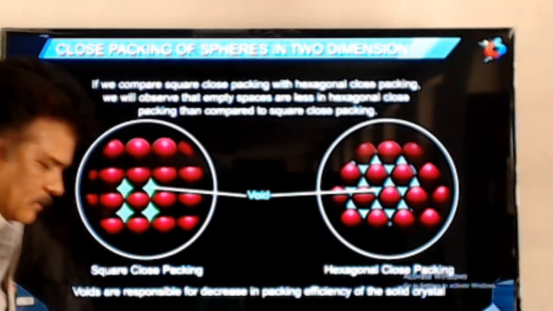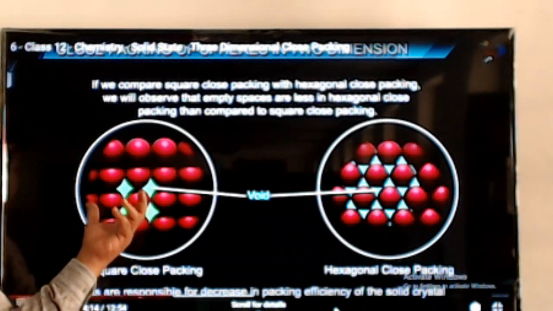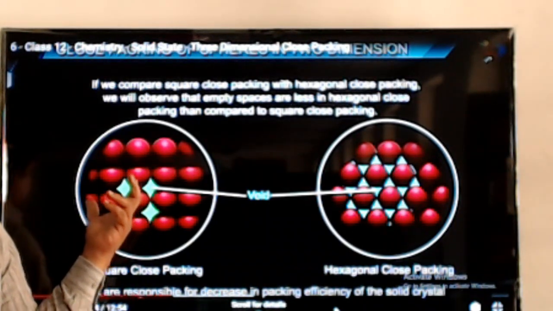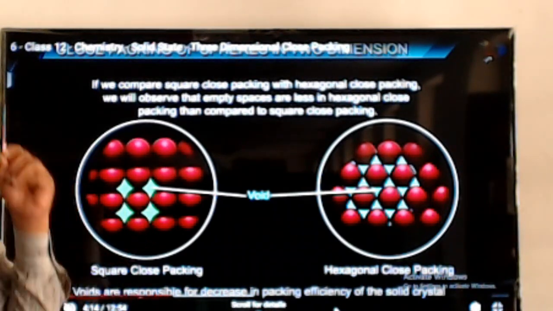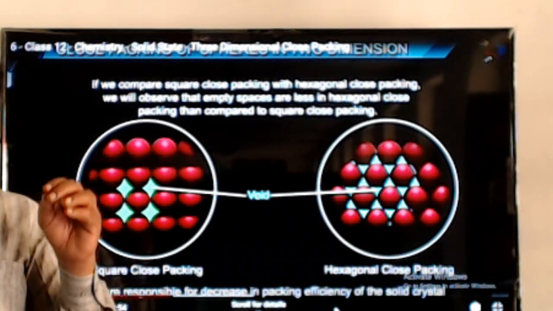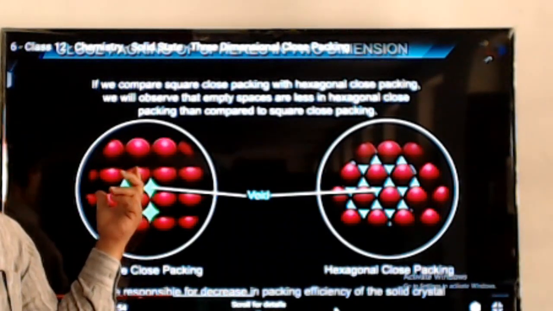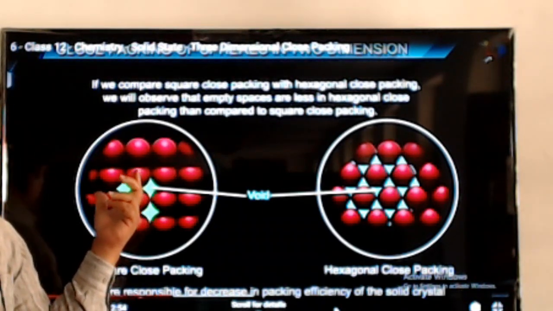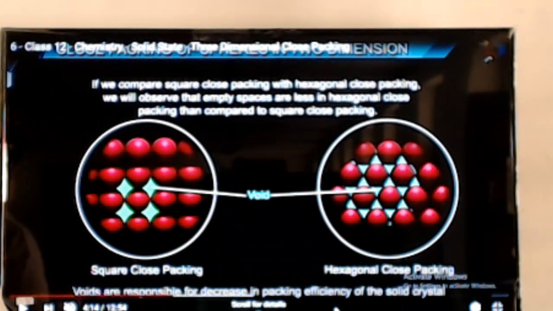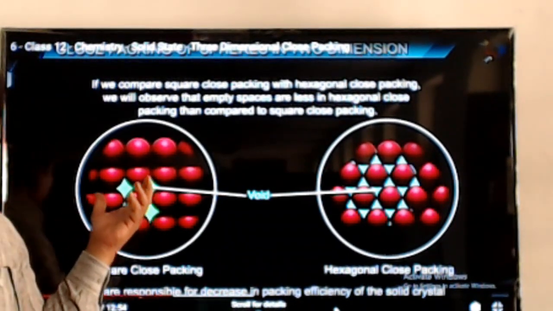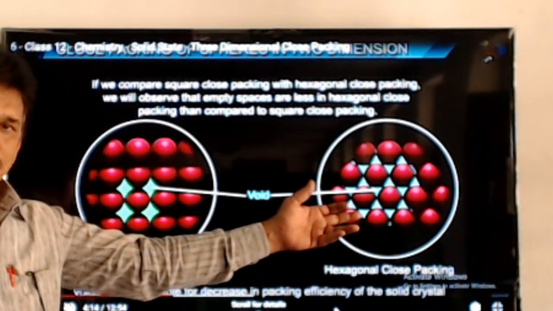Next, in square close packing, the packing efficiency is 78.5%. What is meant by packing efficiency? The percentage of volume occupied by the particles in the solid crystal. So here less volume is occupied by the particles when compared with hexagonal close packing.